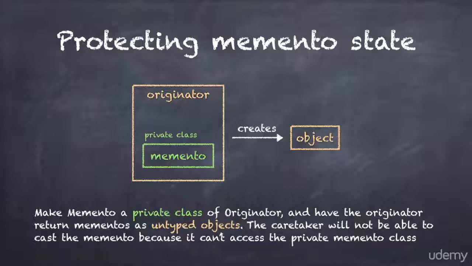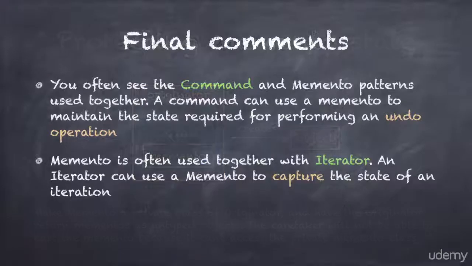If you don't like nesting classes, then you can also make the Memento class internal. If the caretaker resides in another .NET assembly, it will not be able to access the internal Memento class declaration. You often see the command and memento patterns used together.